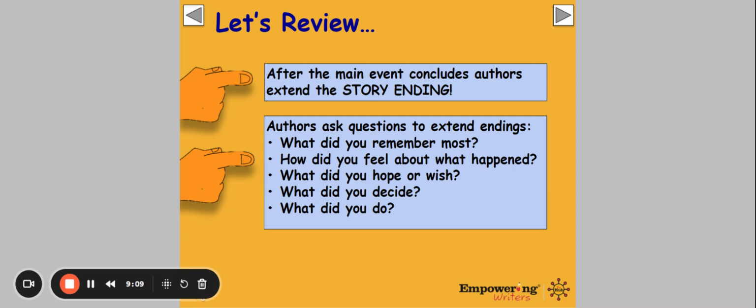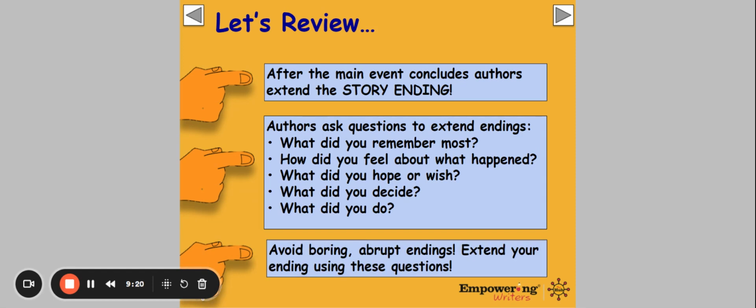What did you decide? A decision. And what did you do? A defining action. And using these productive questions helps us to avoid those boring, abrupt endings. Make sure that as you practice this skill, you learn to extend your ending using those questions.